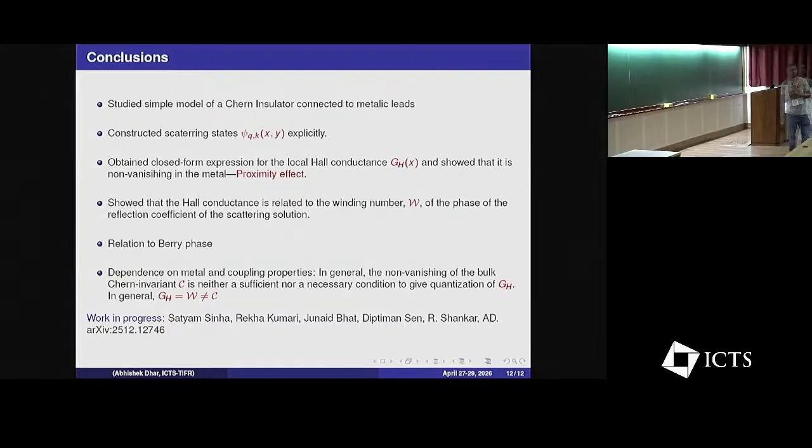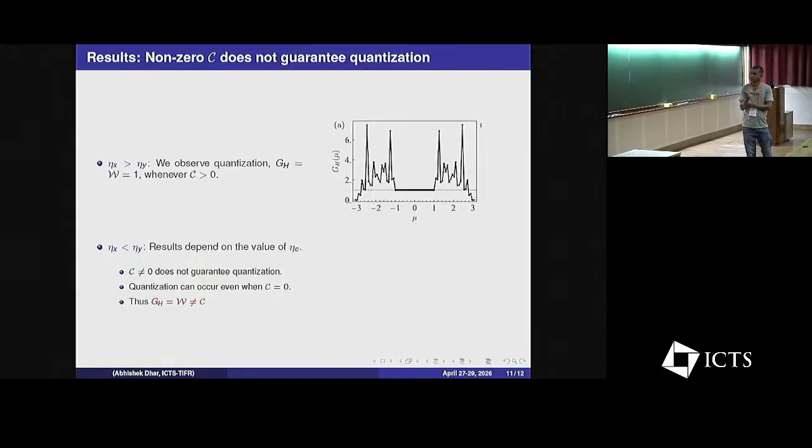Questions? What is the value of the coupling between the lead and the insulator compared to the bulk gap of the insulator? What we show is that, depending on these parameters in the leads, in this parameter regime for any coupling you get quantization, while in this other regime there is a certain range of coupling for which you get quantization.